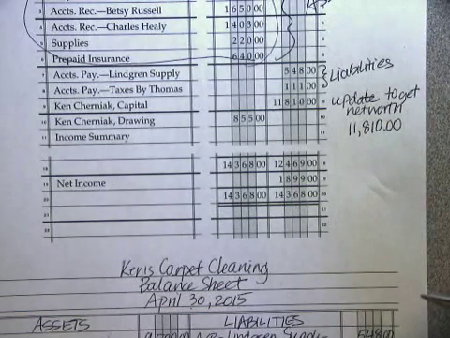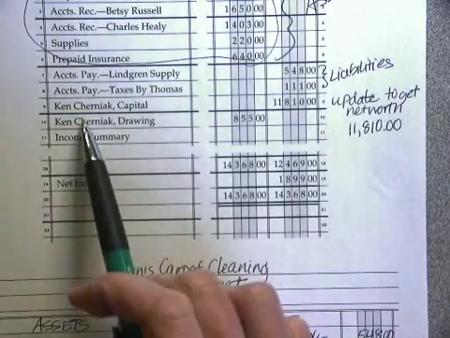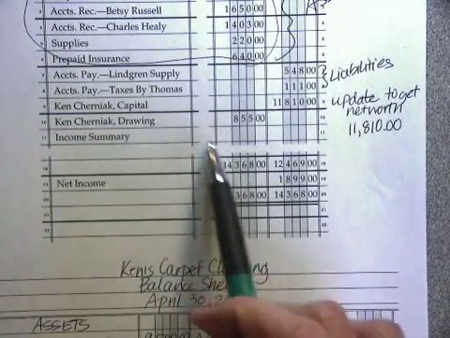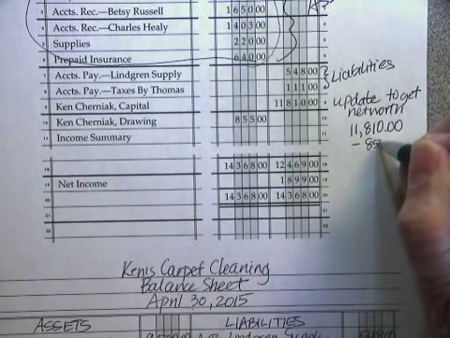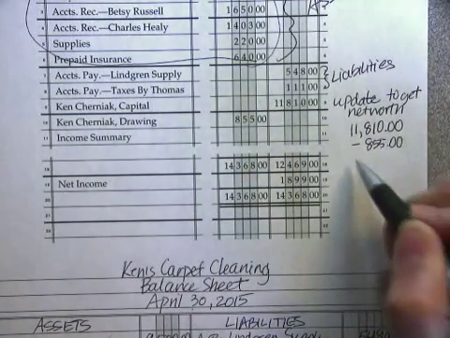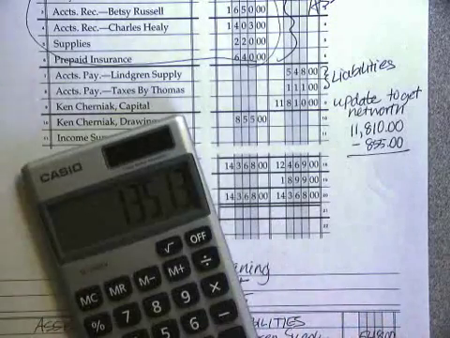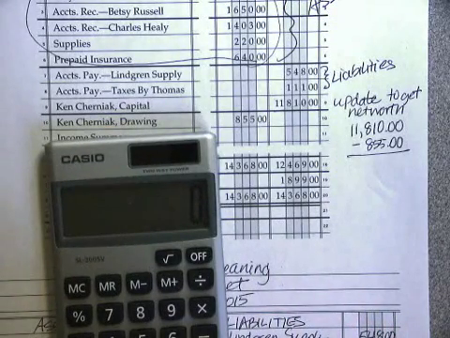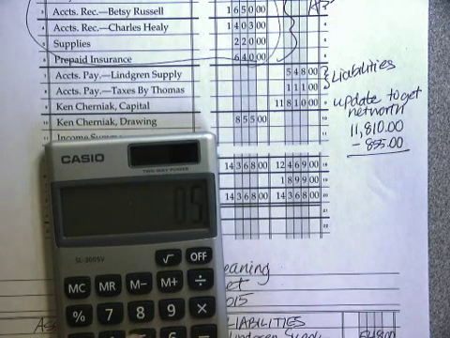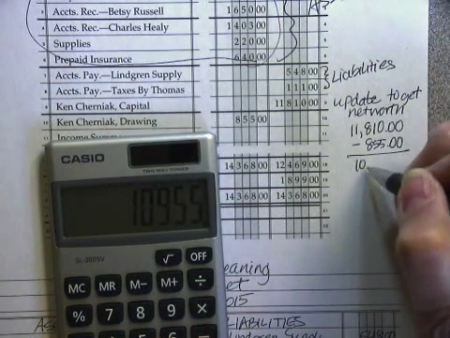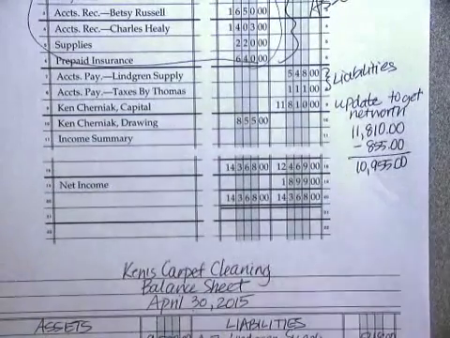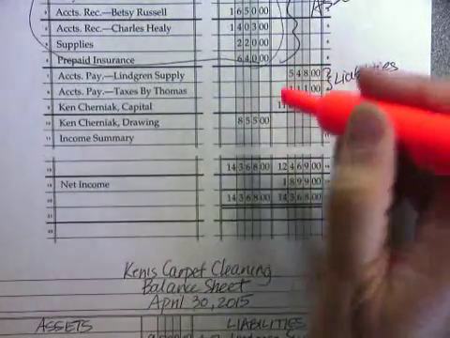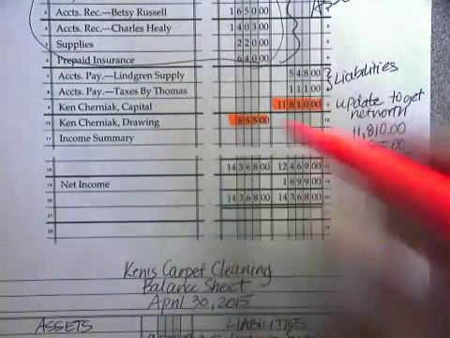And then we need to know, what did Ken take away from the business? Took away 855. So we're going to subtract 855. And we'll find out what our little subtotal is here. And that's 10,955.